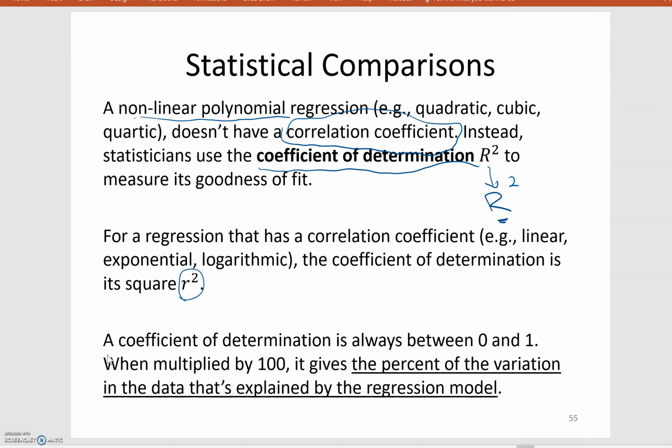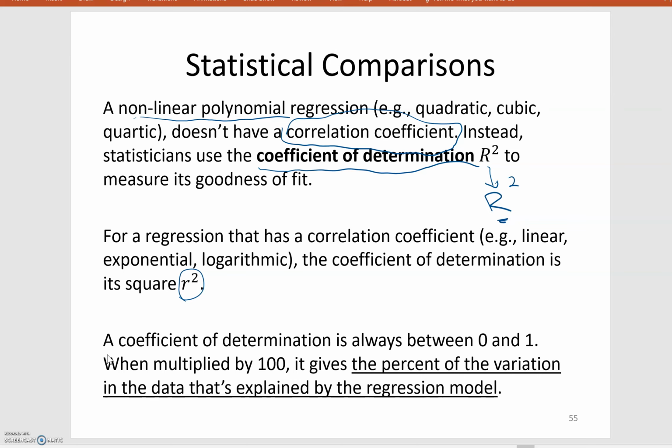If it is one of these special types of regression, quadratic, cubic, or quartic polynomial regression, then we don't have a correlation coefficient, and so we have the coefficient of determination, which of course leads you to the question, how do you find this if you don't have the correlation coefficient? Well, the way you find it is by going to your calculator, and I'll show you how in just a moment. It's very easy.